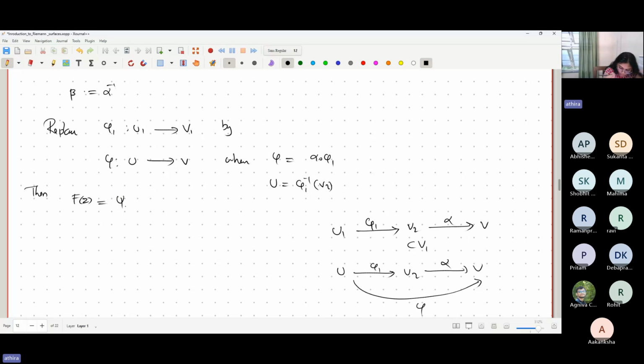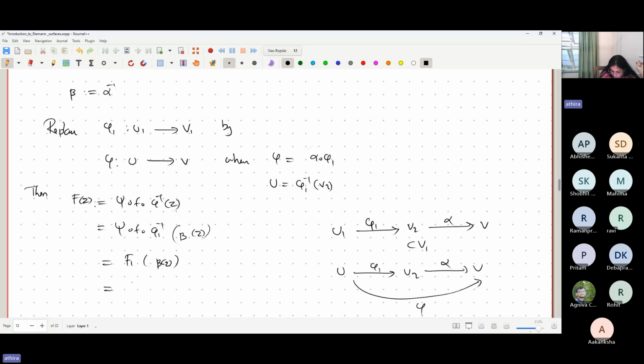Okay, then I am defining F of z as psi composite with F composite with phi inverse of z. That means this phi is alpha composite with phi 1, so psi composite with F composite with phi 1 inverse of alpha inverse of z. Here, alpha inverse is beta, so I will replace this with beta of z. We have already, this is our F1, right? F1 of beta of z.